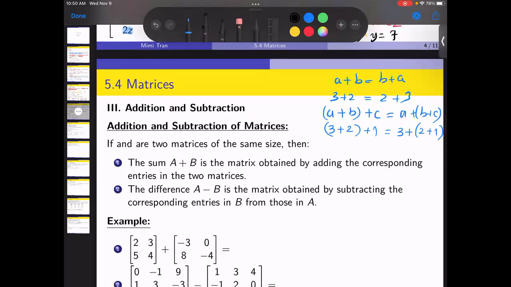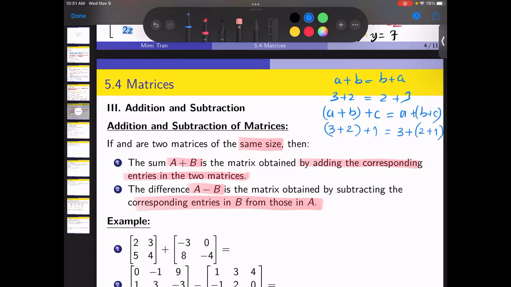In order to add two matrices, they have to have the same size. If they're not the same size, you stop. You don't add or subtract them. You say not possible. How do I add two matrices? Entry to entry, you add the corresponding entries to each other. Same thing when you subtract them.